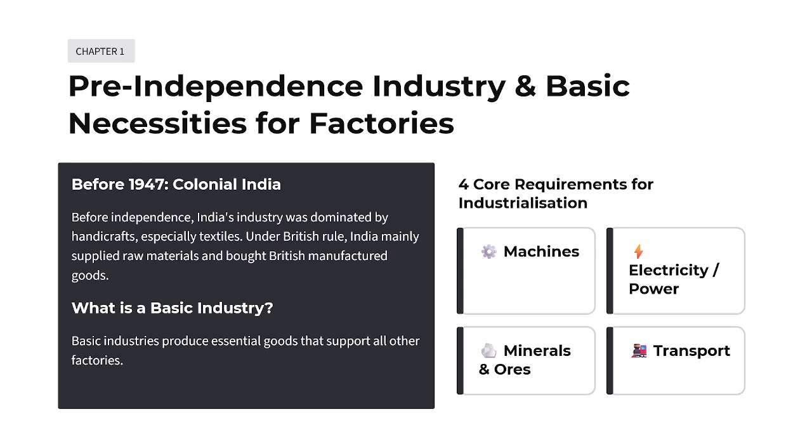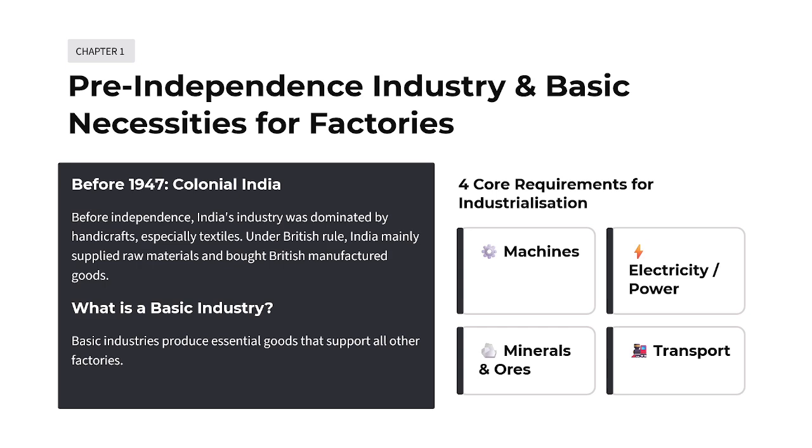India only supplied the raw material and purchased manufactured or finished goods from the British. So what is basic industry? Basic industry produces essential goods that supply all the factories.